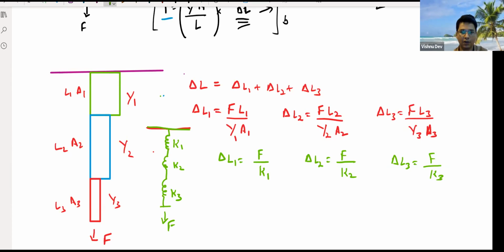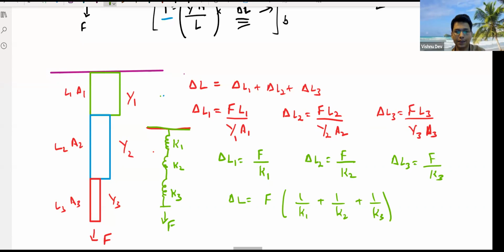So what is delta L now? It is F times bracket 1 by K1 plus 1 by K2 plus 1 by K3. Any issue in that? Very good. Does everyone understand the concept?